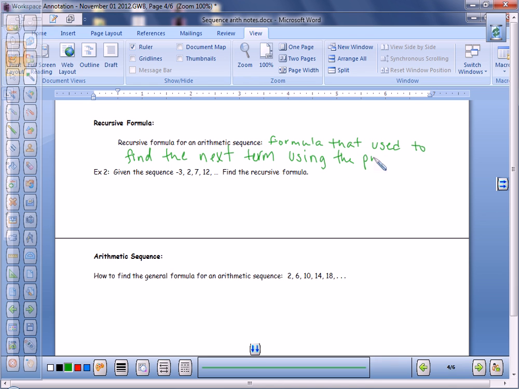What does preceding mean? The one before. Good.